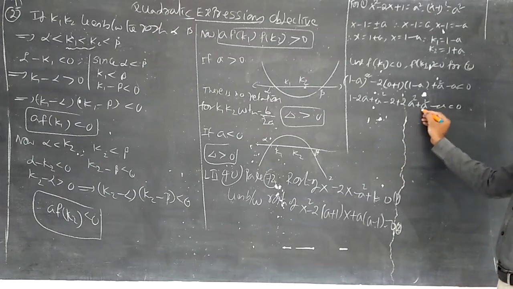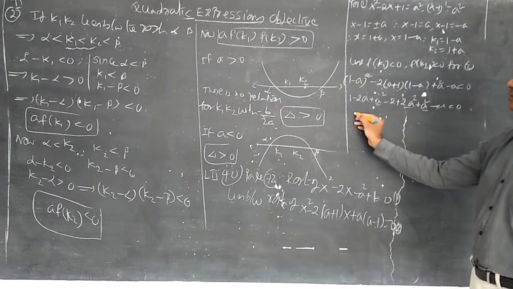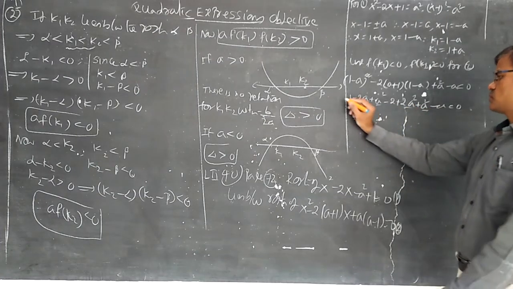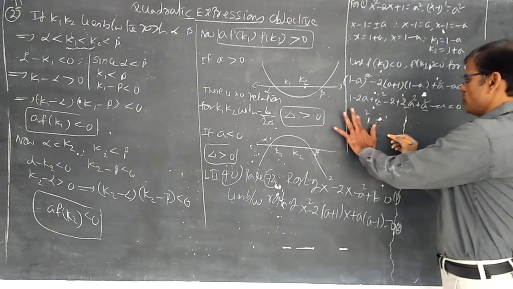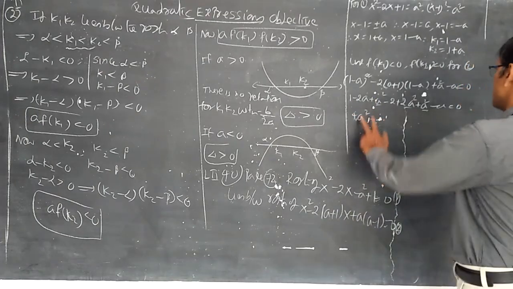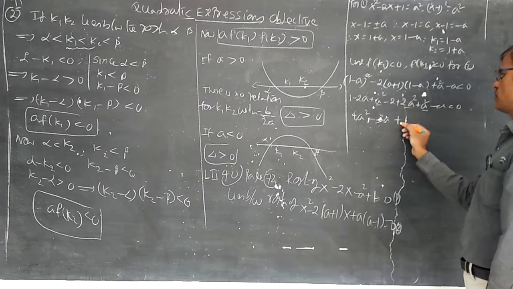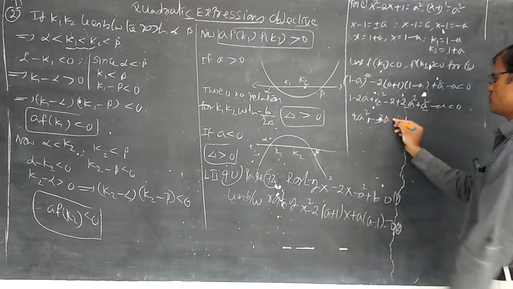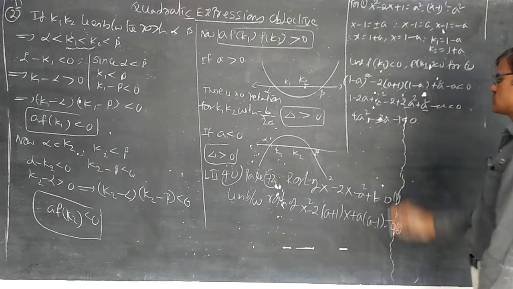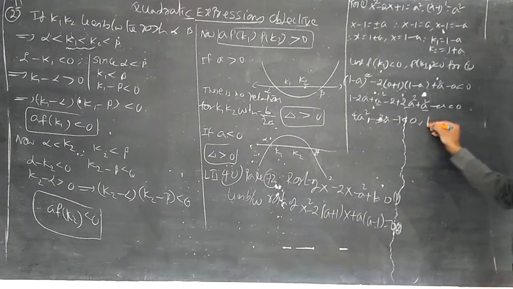Here a square and a square, you can write 4a square. 4a square minus 3a minus 1 less than 0.